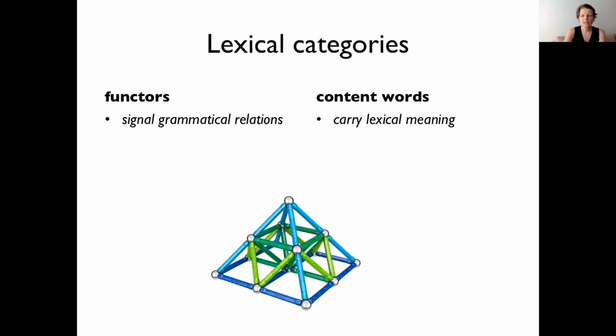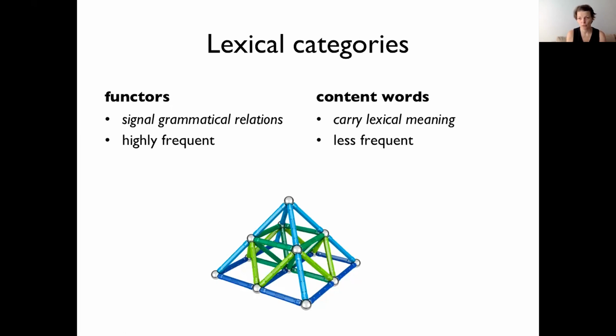This looks like a really difficult task because structure is not visible on the surface of the input. But functors and content words are different, not only in their functions, but there are actually low-level perceptually available cues that distinguish the two categories.